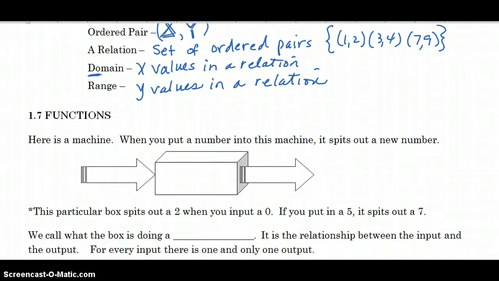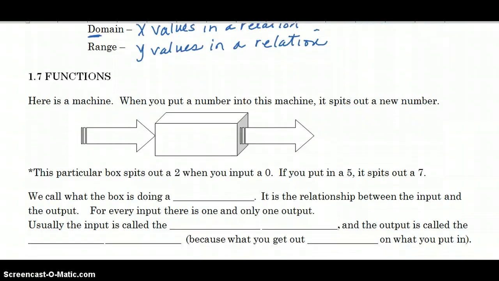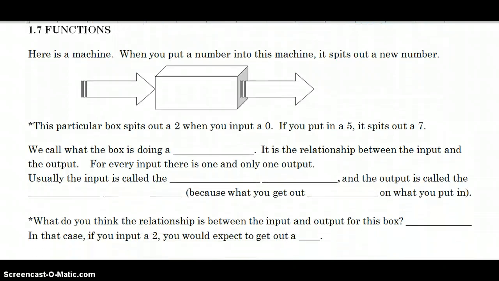Alright, so section 6 is review, and section 7 starts talking about this word functions. Here is a machine. When you put a number into this machine, it spits out a new number. For this particular box, it's going to spit out a 2 when you input 0.